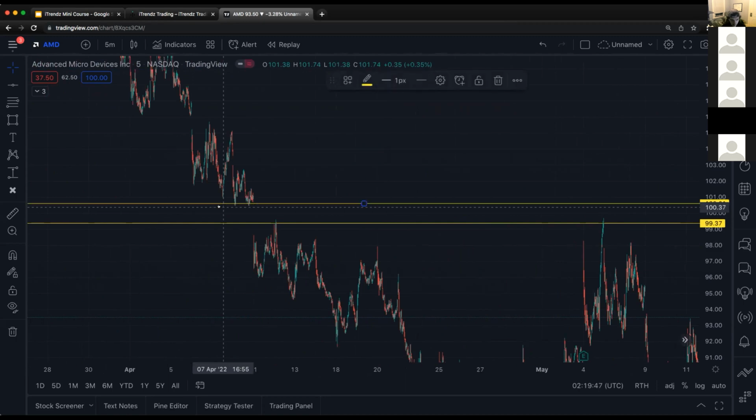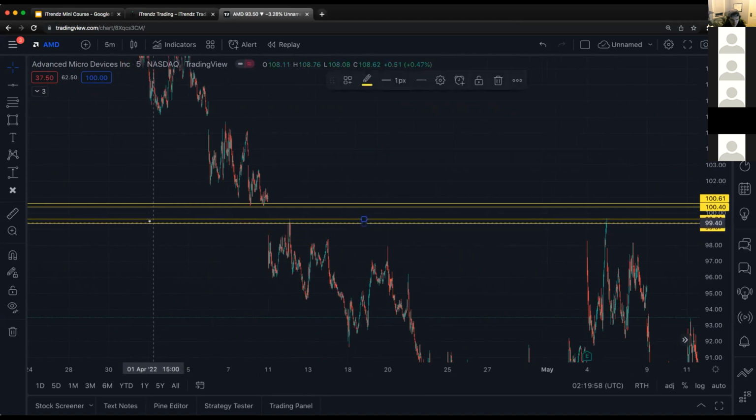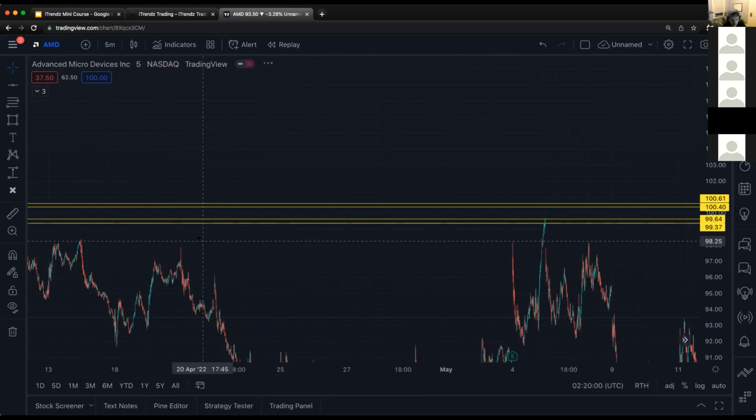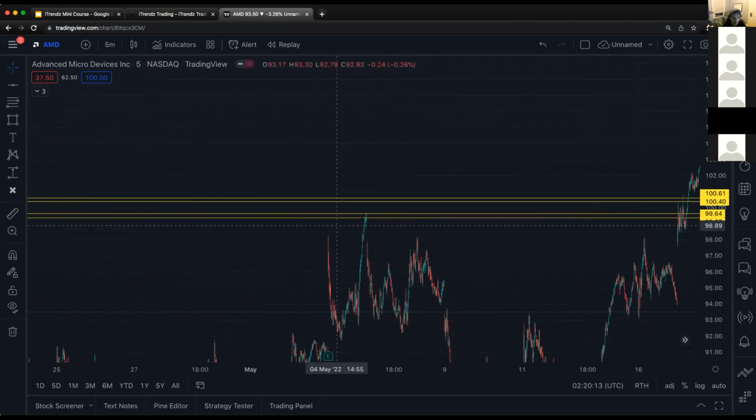So I'm always trading off zones. You see how this support level, now resistance, and this resistance level right here, these key levels are really just zones. Every level is just a zone.